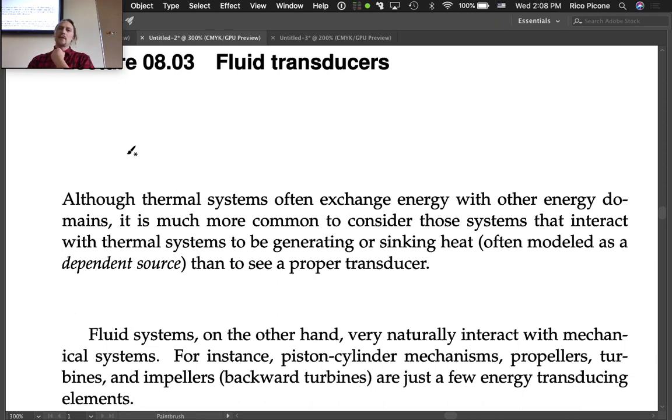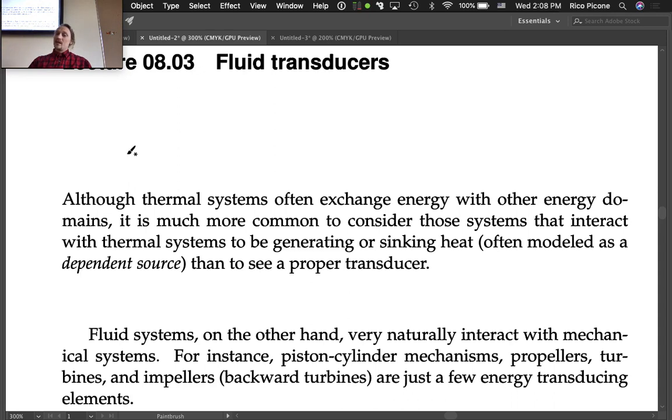Although thermal systems often exchange energy with other energy domains, it is much more common to consider the systems that interact with thermal systems as generating or sinking heat, often modeled as a dependent source, than to see a proper transducer. A dependent source we haven't really talked about, though we mentioned it in passing a couple of times. It's a source like any other source that provides energy from outside the system.